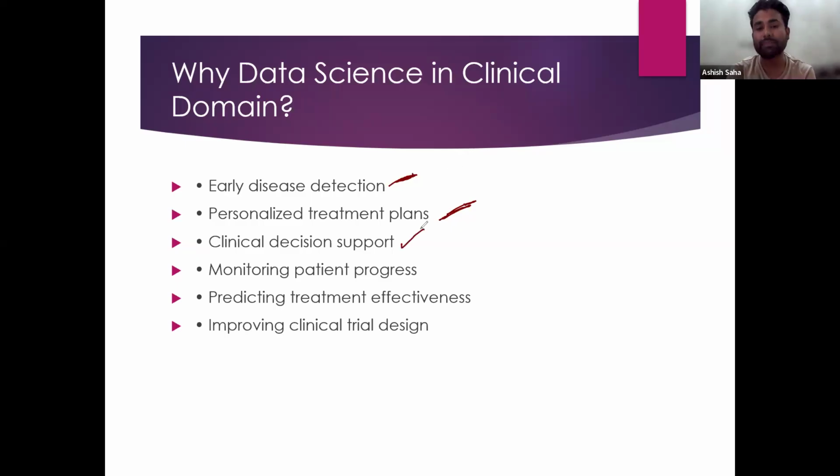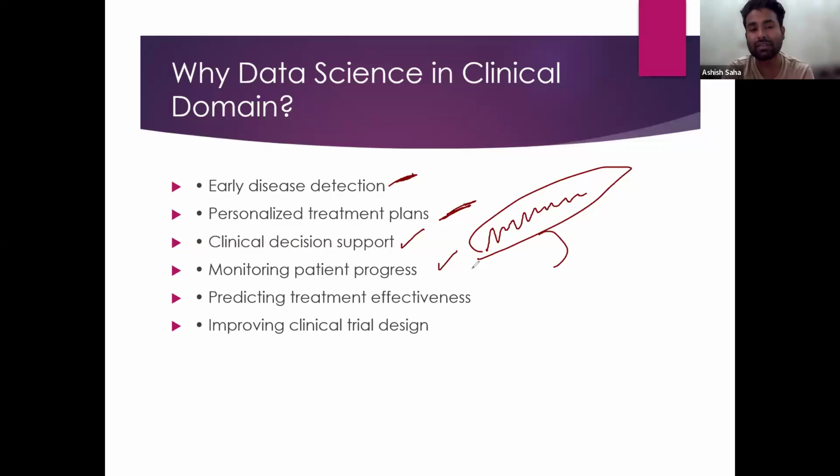Clinical decision support basically helps you take the decision, like in the case of whether the person has cancer or not, as we have discussed. It also monitors patient progress. In our hospital, when the patient is on a bed, there are some reports. When you give these reports to my AI model, it will detect whether the person's disease is improving or not, and whether it is going well or not. That is also going to be predicted.